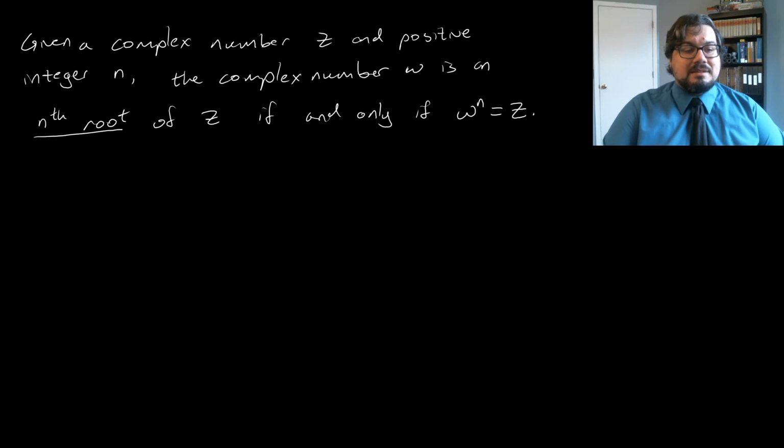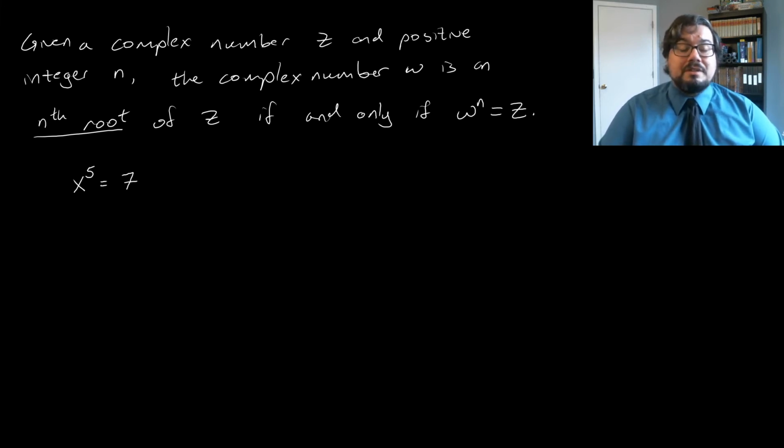When I ask for solutions, for real solutions, I should say, to x to the fifth equals 7, well, there's only one answer to this. There's only one solution, which we write as the fifth root of 7.